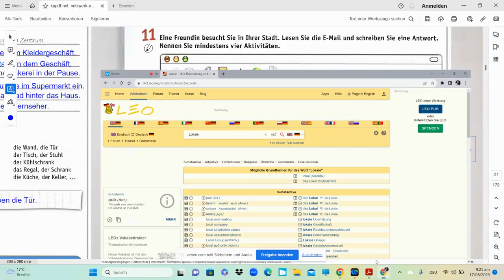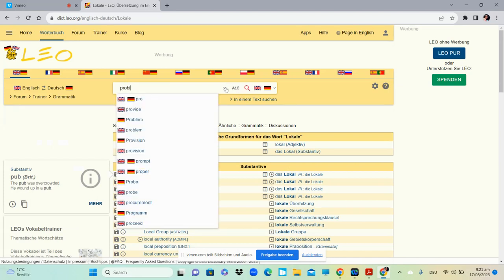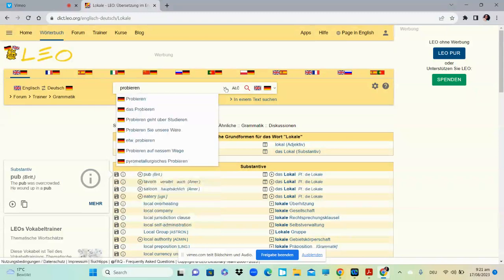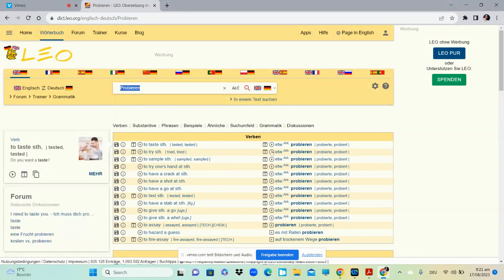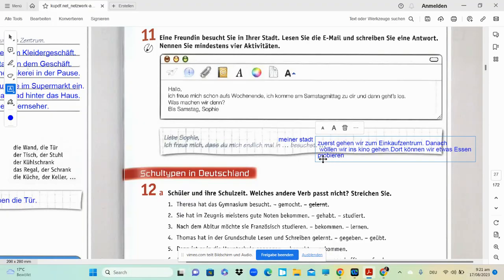Let me just check it, because instead of writing a wrong spelling, it's always good to check. Probieren. Yeah, etwas probieren. So I think it is correct. Let me just copy the spelling and then paste it over here. Yeah, I think the spelling is correct. Okay, then we are going to eat something. Okay, and I think that's all.